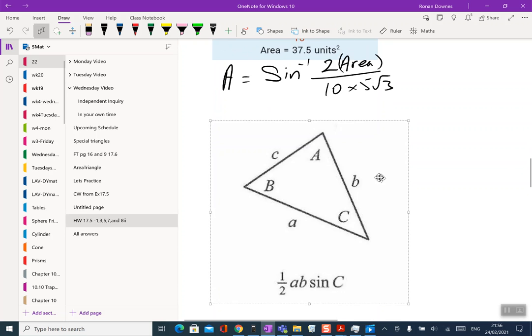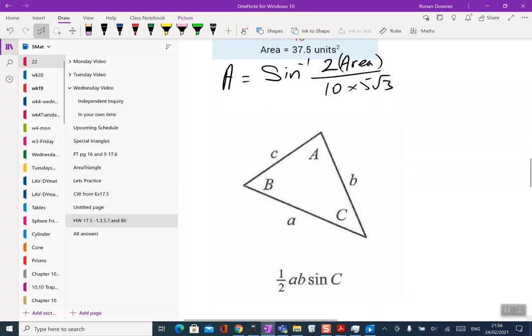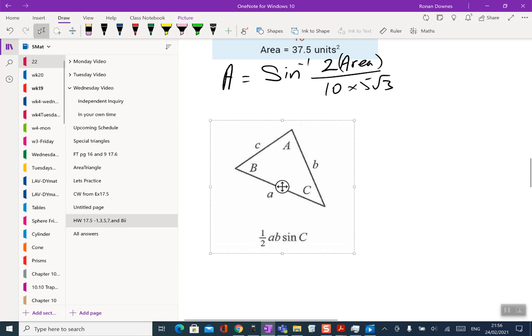You'll want to open your log tables on the right page. The complexity here is that A is confusing, so we either say angle or we say area, and let's never say A. There's too much room for confusion.